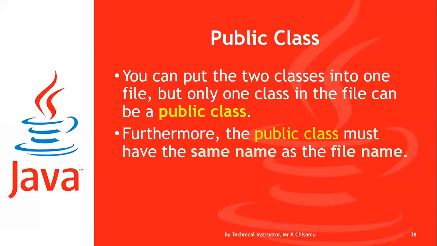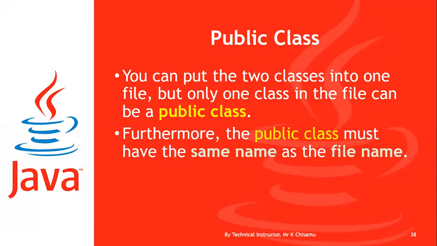Every class that contains the main method, you use that class as the name of the file. So when you save your program, remember in Java, we said the name of the file should be the name of the class. Now, when you have 2 classes in one file, which name should you use? You should use the name of the class that contains the main function.